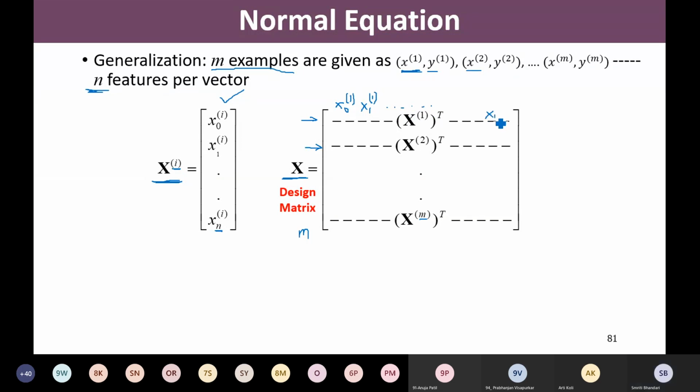So the last feature would be xn from my first example. This would be my first row, x1 transpose. x2 transpose would be x0 from the second, so the superscript would be 2: x02, x12, x32, so on up to xn2. And this is how I'm going to fill up this design matrix. Are you getting me? Yes?